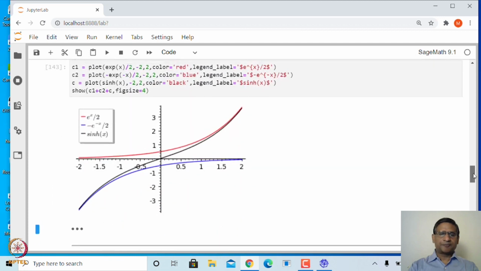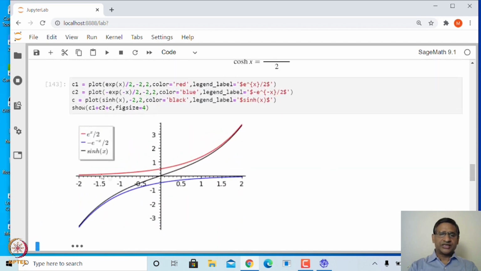In this graph, the red one is e to the power x by 2, the blue one is e to the power minus x by 2, and when you add these two, the graph you get is the graph of sine hyperbolic. That is how the graph of sine hyperbolic between minus 2 and 2 looks.